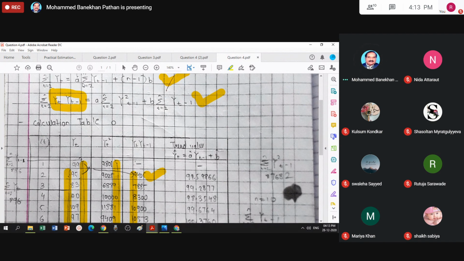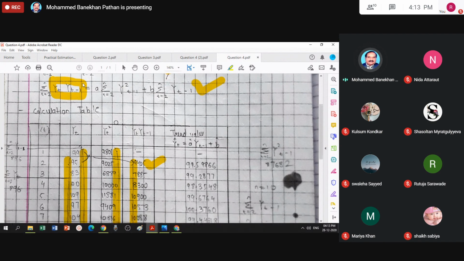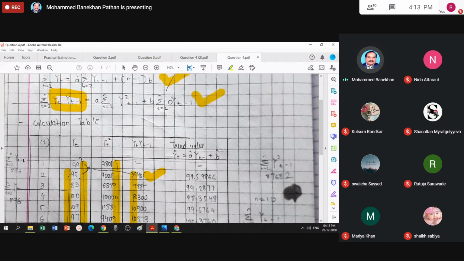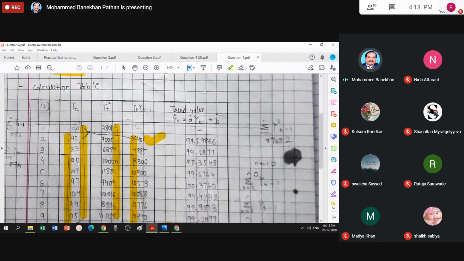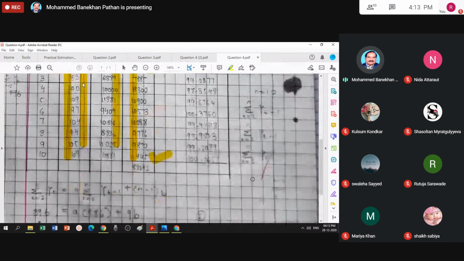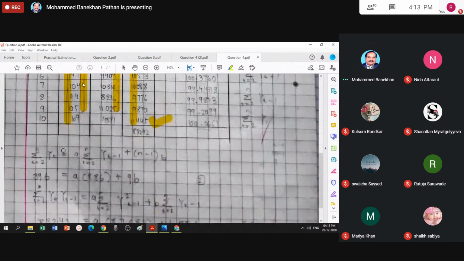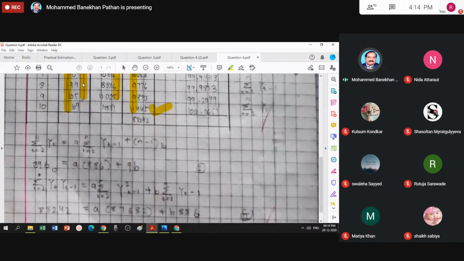Understand? So after putting all these values in these equations, I write here systematically, check it. So I put these values: this total is coming 896, a times this total, plus n is 10, so n minus 1 is 9 times b.